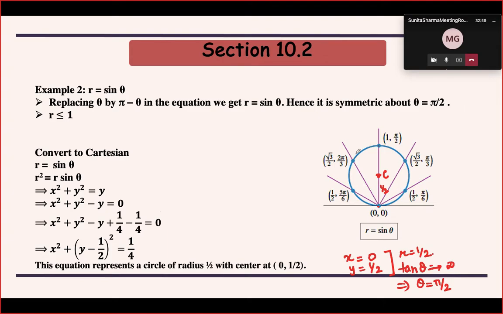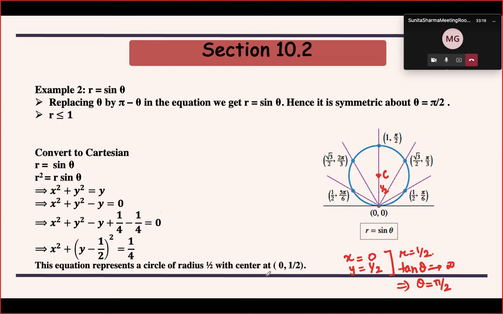Yes, you can directly plot the circle. So if you don't want to mark the points, then you can just convert it to Cartesian and get the information regarding the shape which you have, and correspondingly make the shape in the polar grid. Okay, whatever shape is there corresponding to this shape.